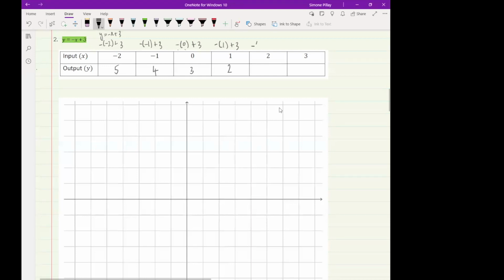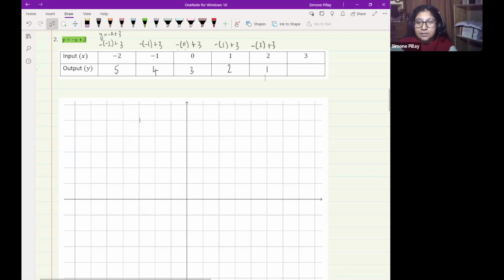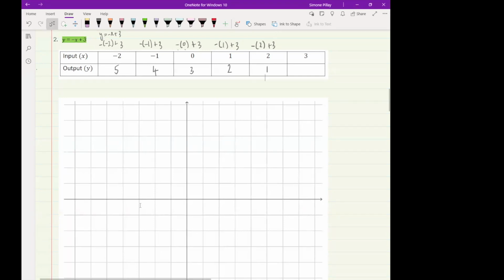y is equal to negative x plus 3. Substitute x with positive 2 plus 3, and then you're going to say a negative times a positive would be negative, so it's going to be negative 2 plus 3, and then y is equal to positive 1. 100%. y is equal to negative x plus 3.